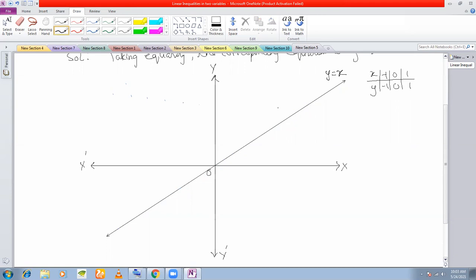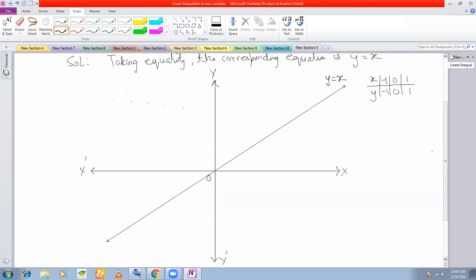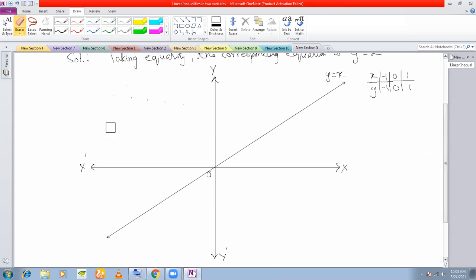Now the question here is, which side is the solution side? This side or this side is the solution side? That we need to check. So in order to check, you take any point on either side. You can take a point here, or you can take any point here. Now, suppose I take a point here, let P be the point.